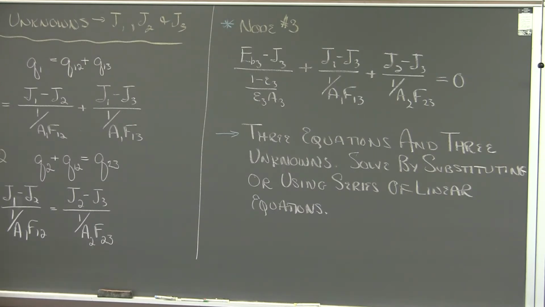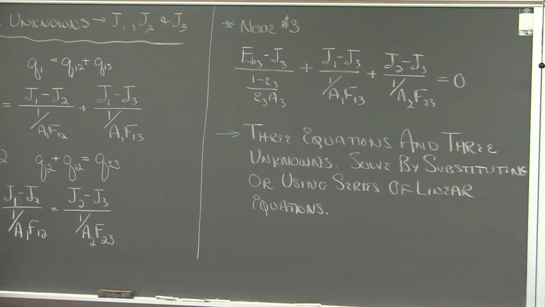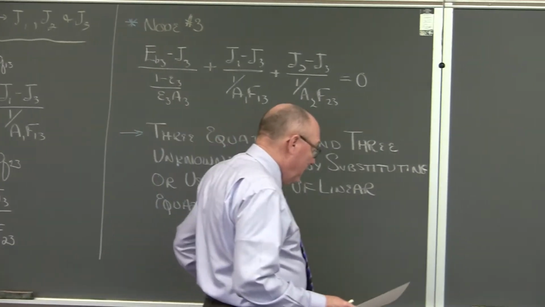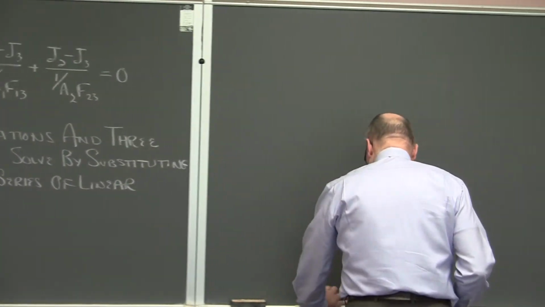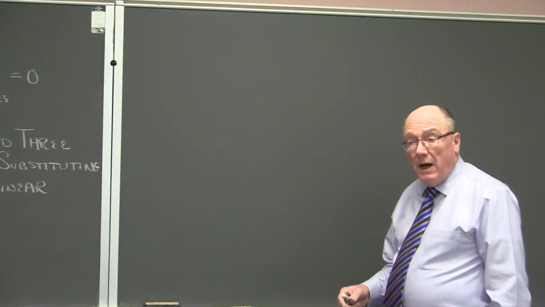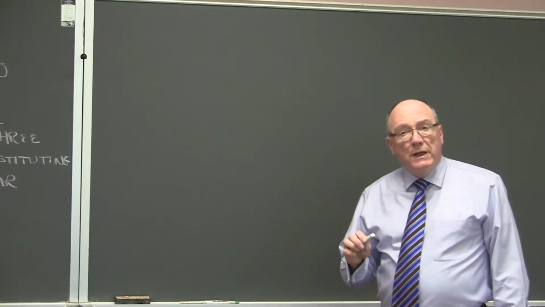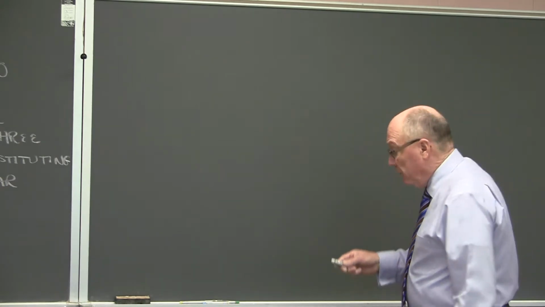Let's talk a moment about some very different special cases which apply and which make our life a little bit easier when it comes to radiation exchange networks of 3 or more bodies.